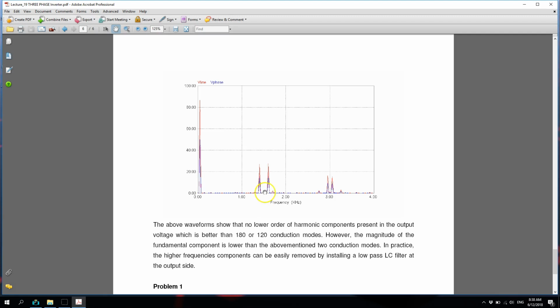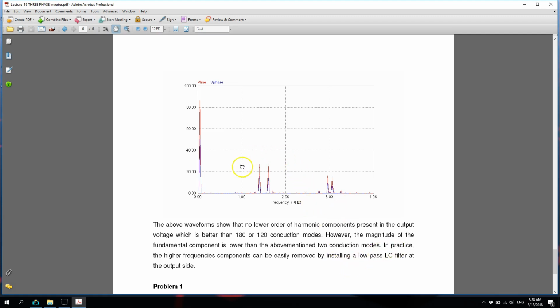If you look further, there is no harmonic at the switching frequency, whether odd multiple or even multiple. So it has a fundamental, there are no low order harmonics, but the next harmonics are around the switching frequency and its multiples. So that is the beauty of the PWM technique.